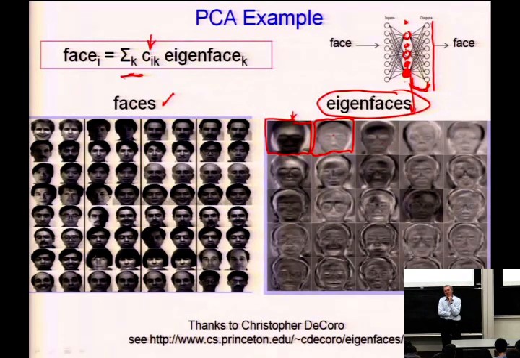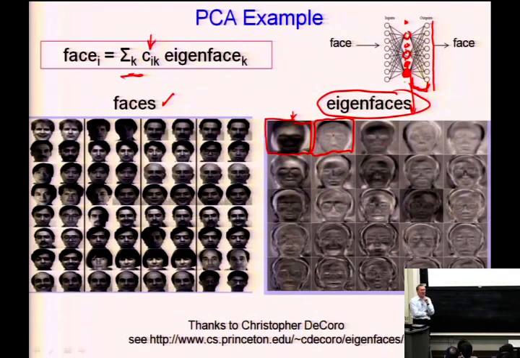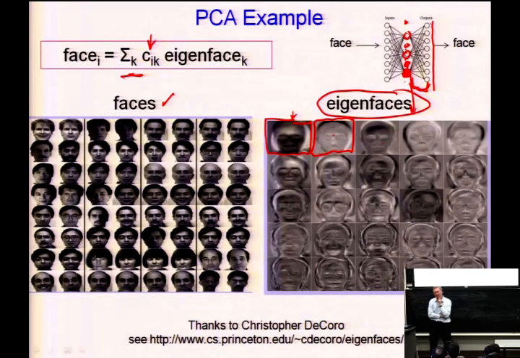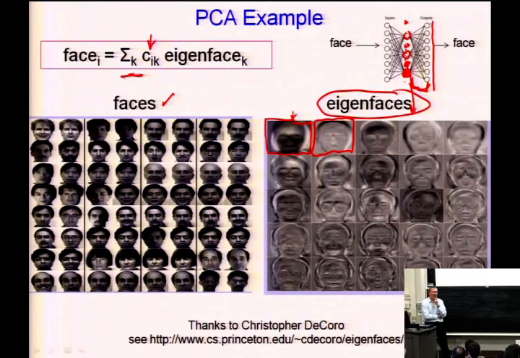But people have looked at the question of, can you learn codings for arbitrary images? And the answer is surprisingly well, but it's not using PCA. So simple linear functions like this don't really do it. Maybe we'll talk about that.